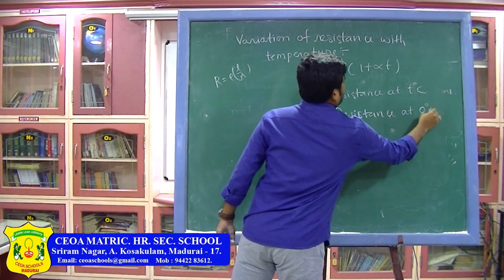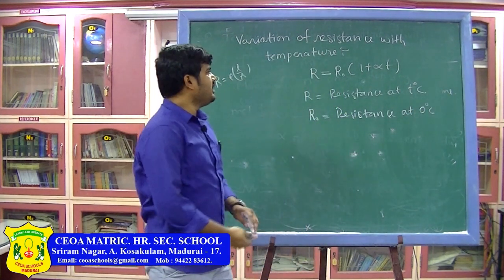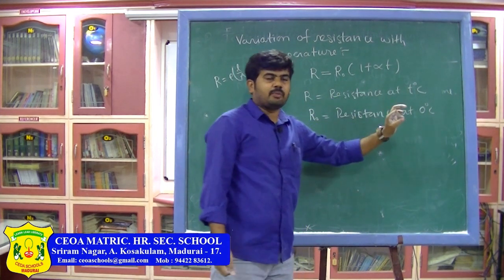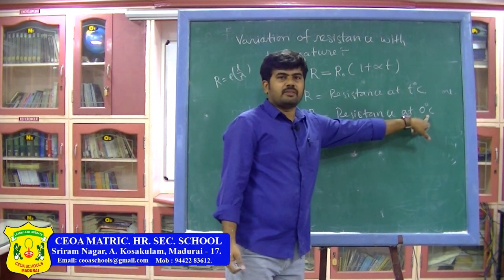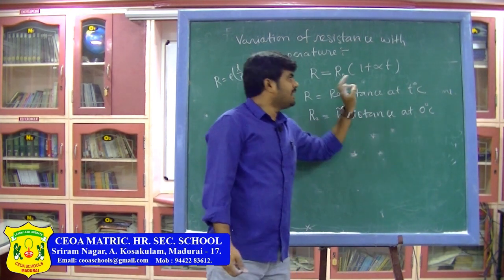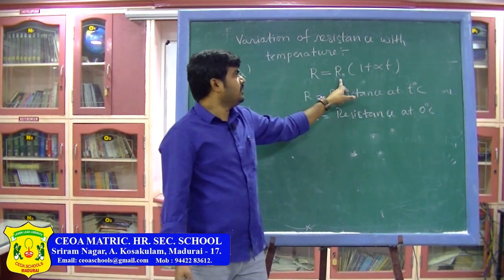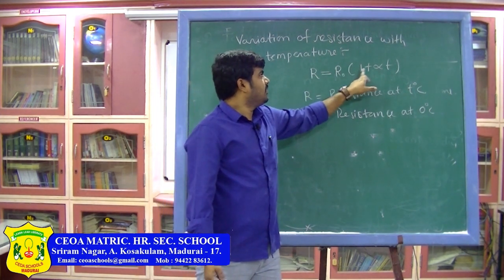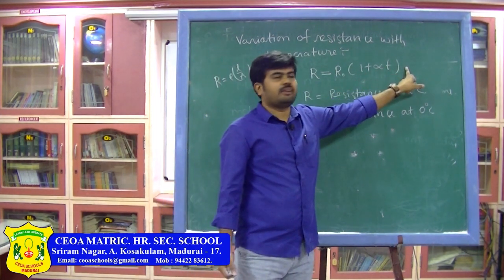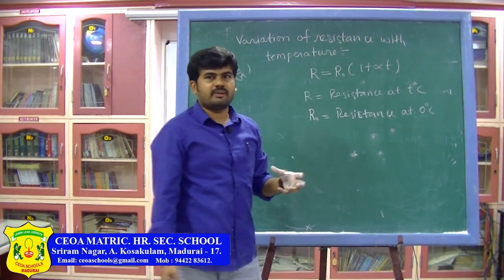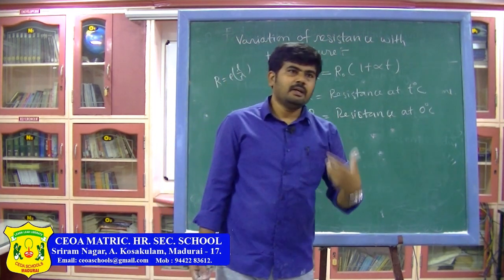In the previous equation I took T minus T naught, but here I am taking the reference temperature as 0 degree Celsius. So T naught is the reference temperature, which is equal to 0. So the equation is R naught into 1 plus alpha into T minus 0, that is R naught into 1 plus alpha T. This is the equation which represents the variation of resistance with temperature.